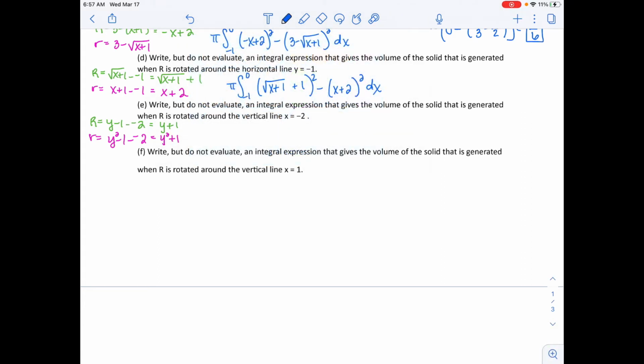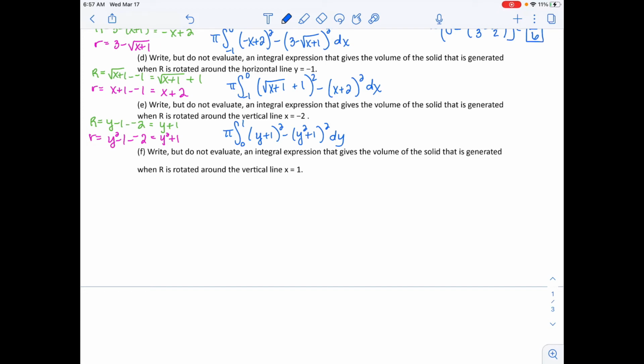And so now we're going to integrate, but everything's going to be in terms of y. So we go from y equals 0 up to y equals 1, pi R squared minus pi r squared. So pi out front, y plus 1 squared minus y squared plus 1 squared dy. All right, now we're going to rotate around x equals negative 1.